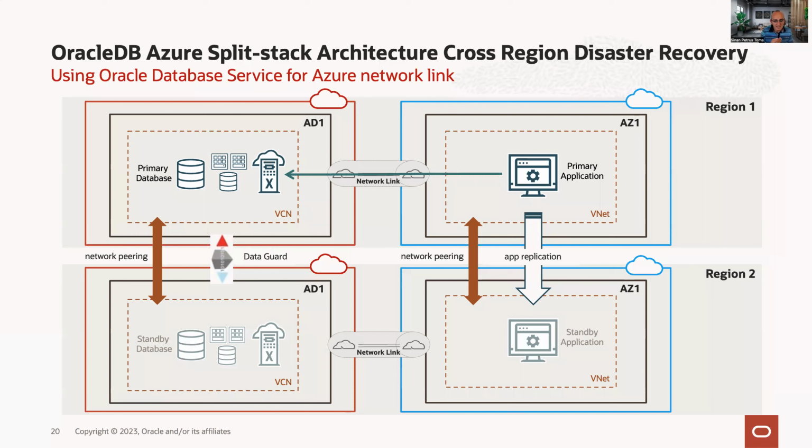In the starting configuration, you just have your primary application in Region 1 connected to the primary database in OCI Region 1, and everything is fine. The primary database is replicating via Data Guard, and any changes in your application are also being replicated, for example using rsync or whatever replication mechanism you are using, to your application on the DR side.